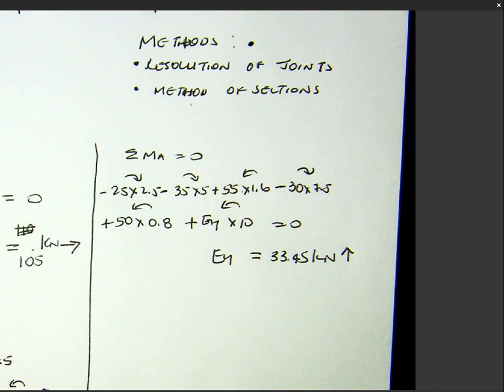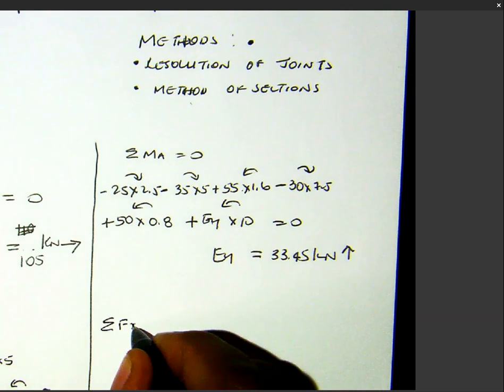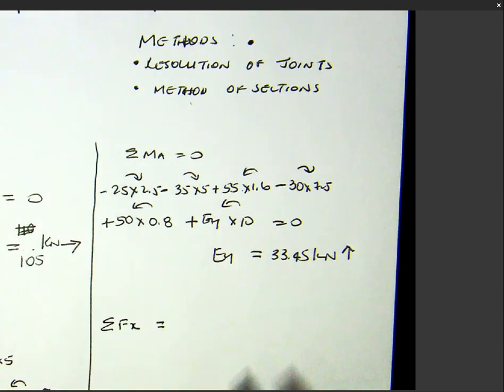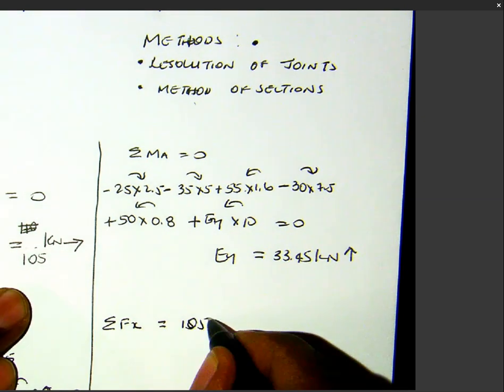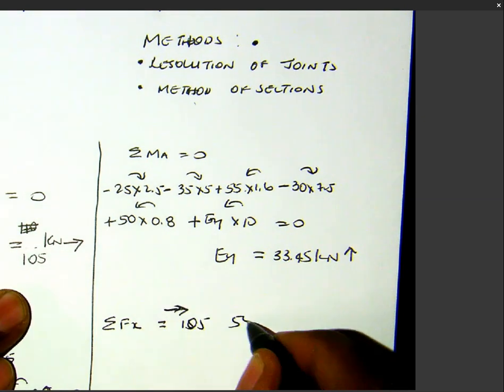So now what do I have? Sum of forces in the x direction equals to, check is my check here. I've got 105 going this direction, then I've got 55 going this direction, and then another 50 going this direction.